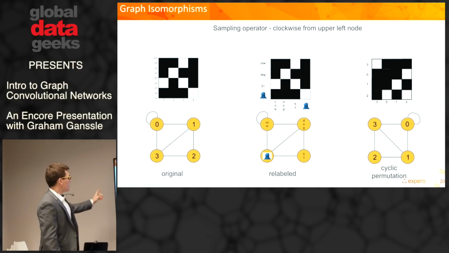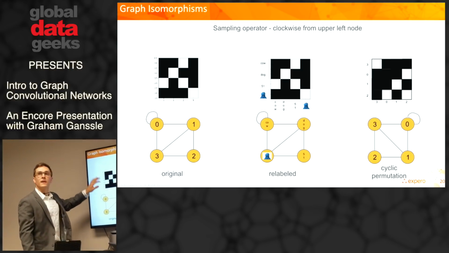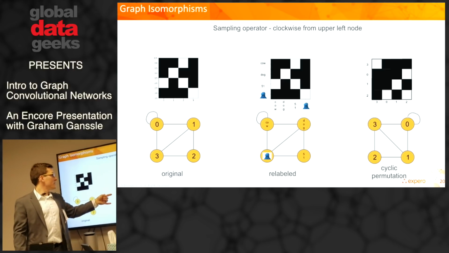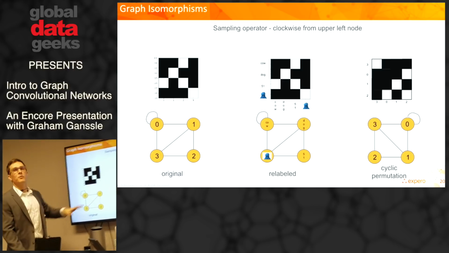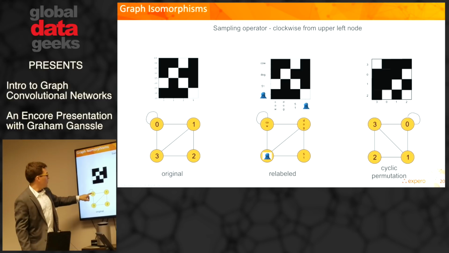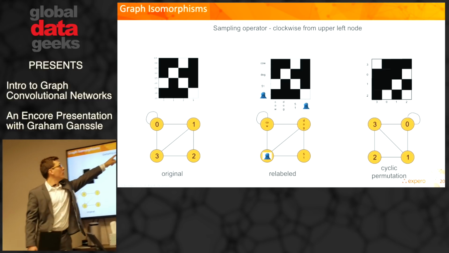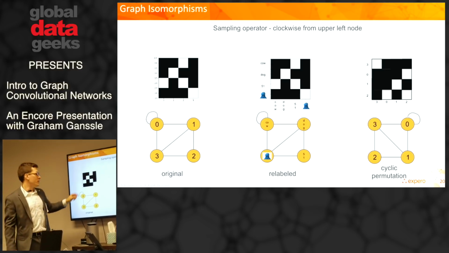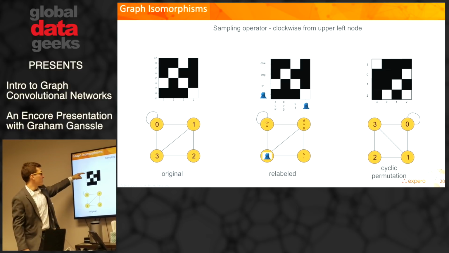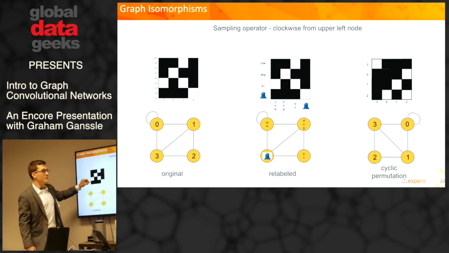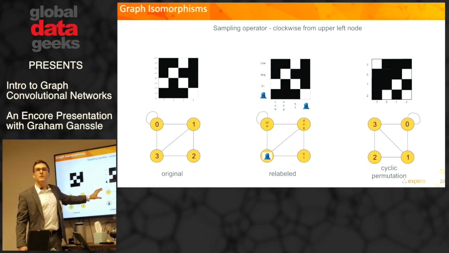So here's the same graph we saw before. Here's its corresponding adjacency matrix. Actually, let me redo this part. We're saying that this is the adjacency matrix only if we sample clockwise from the upper left node. So we start with node 0, and we put that here. 1, 2, 3. We're going this way. That's the adjacency matrix. This is the same graph with different labels.